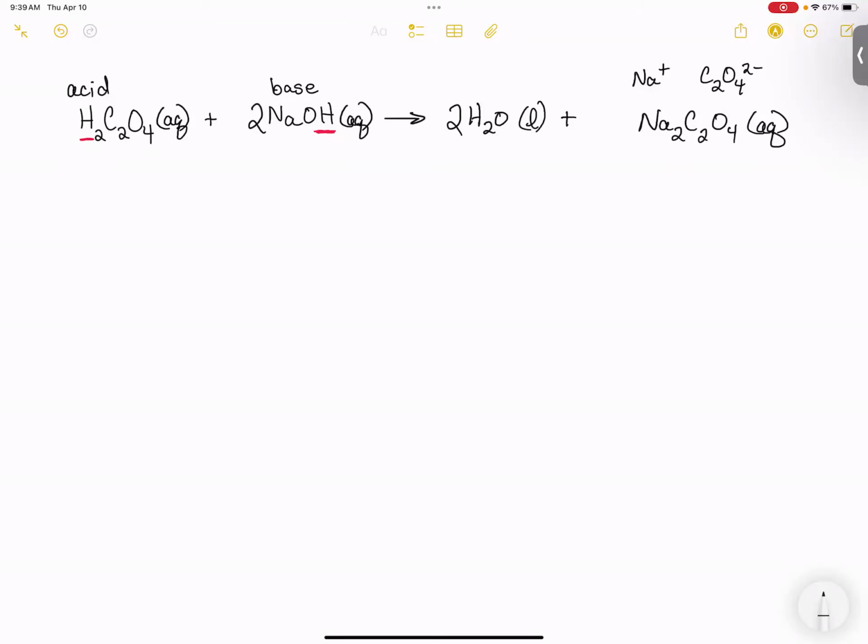Now is where you have to remember a very important fact. Well, I mean, I guess you have to always, but this is where students make their mistake. Going from the balanced chemical equation to the complete ionic.